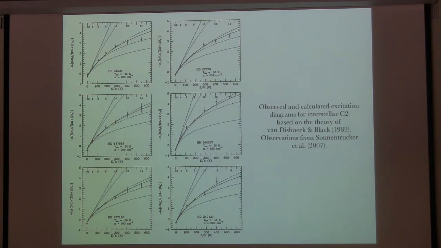we assert that we can use these population diagrams to tell us something about the kinetic temperature by looking at the populations at the lowest levels that have the longest radiative lifetimes.